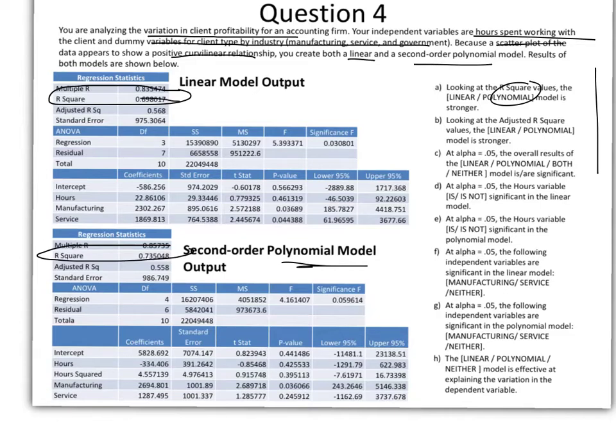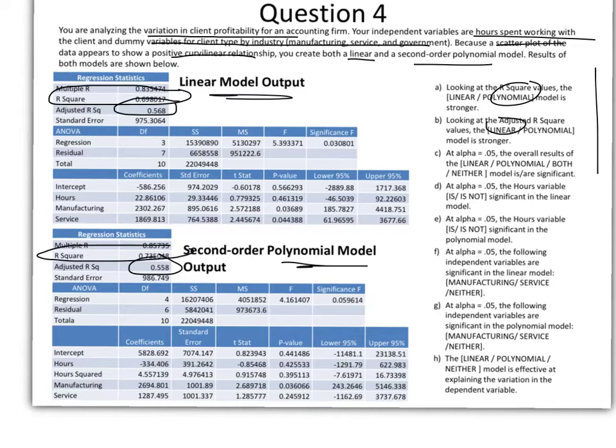In this case, we've got 0.568, so 56.8%, and here we've got 55.8. So the linear model is stronger based on that output. Again, higher adjusted R-squared in the linear one up above, rather than the curvilinear or the polynomial model.